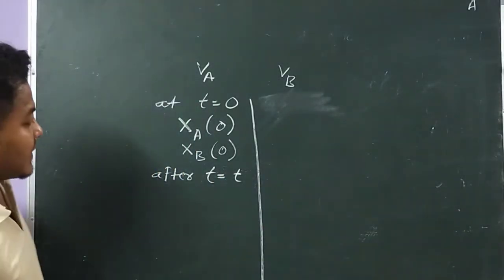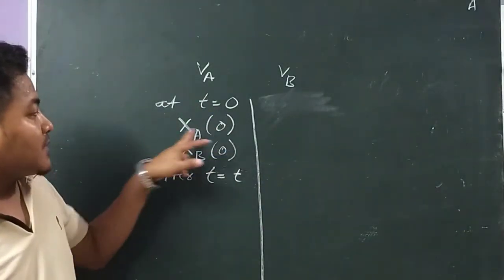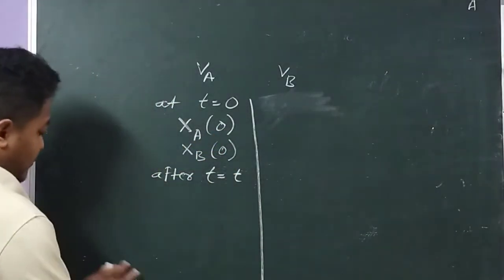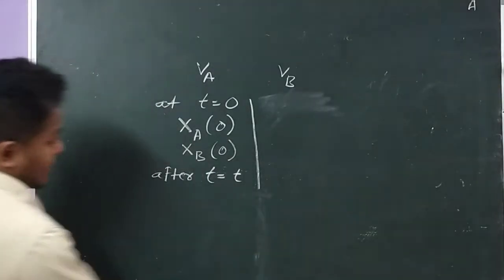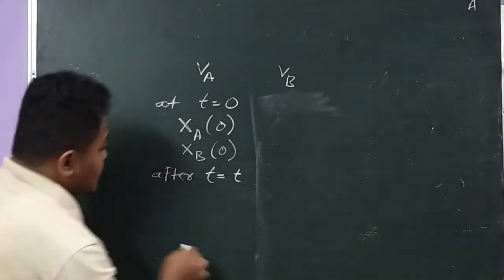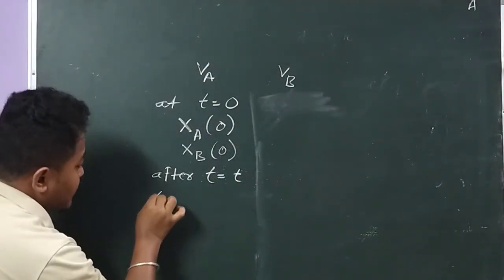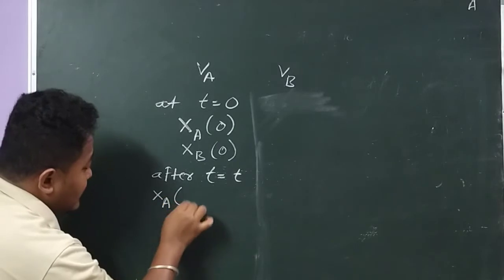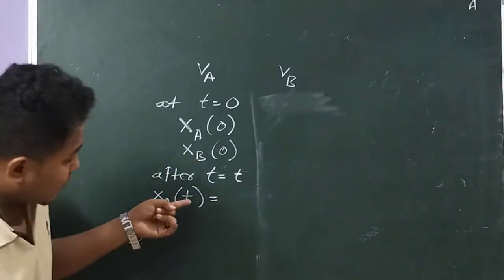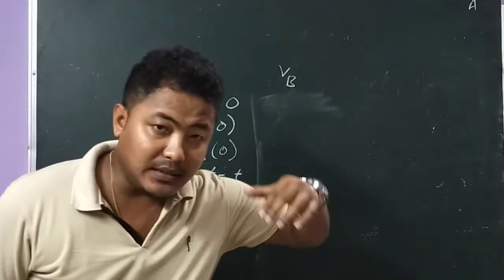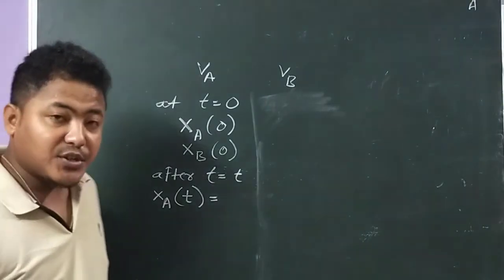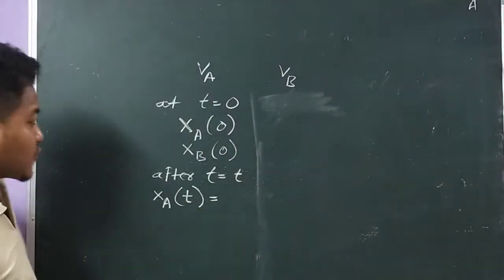As you can see, when the time was 0 this is the position, and after time t we can easily find its position. So after t time, the position of the object will be XAt equal to, at time t, how much displacement it will cover. It's very simple.